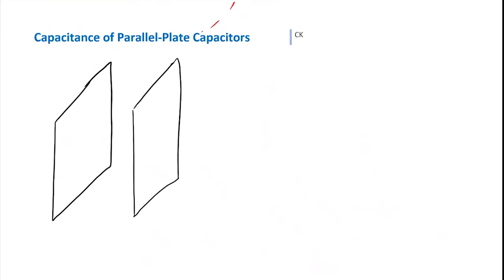We'll charge one of them with positive, so these are positively charged, and then these are negatively charged with the same amount. Good? Now, here's the symbol for the battery in E&M. This is the positive side and this is the negative side. It's just a symbol for the diagram, okay?